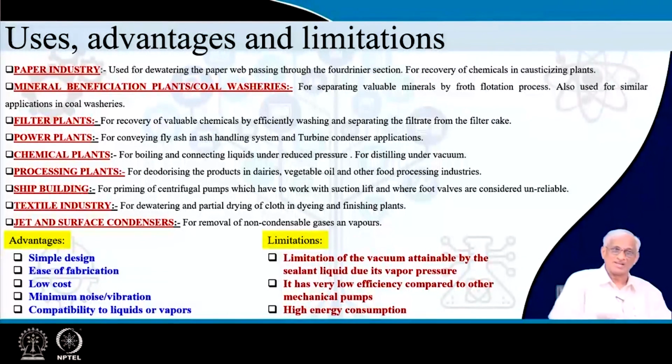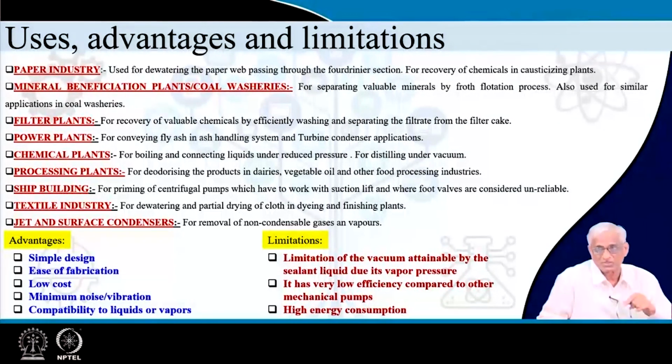Naturally, the motor will be a little high power motor, unlike turbo pumps or roots blowers. They look big, but their motor powers are not much, whereas a rotary pump motor power is a little high, and the water ring pump, it is still more high.